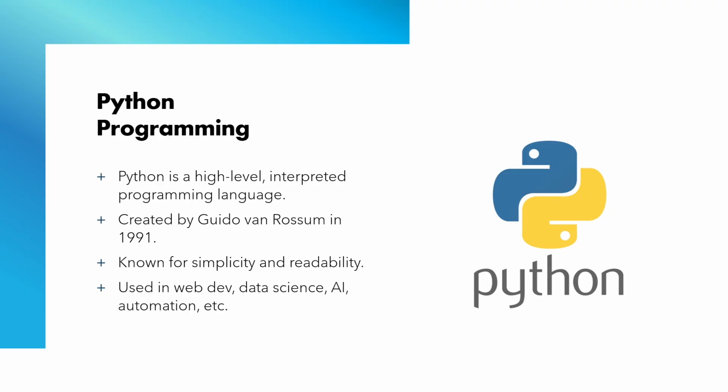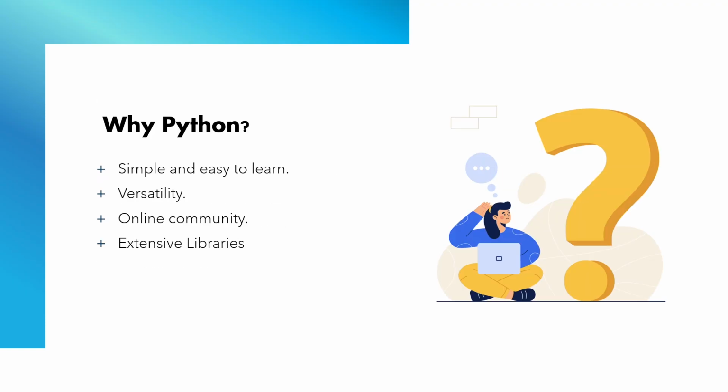Now the question becomes, why should anyone learn Python? Why should you learn Python? Python is simple and easy to learn. So if you are trying to learn programming for the first time, Python is a very good option. And if you have been programming in some other programming languages and you're looking for a new language to learn, Python is also a very good option.